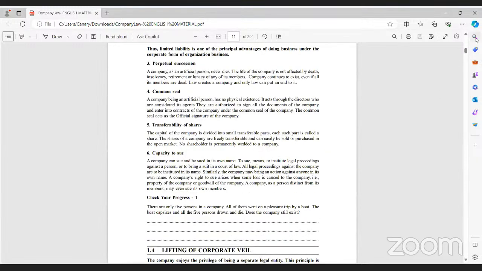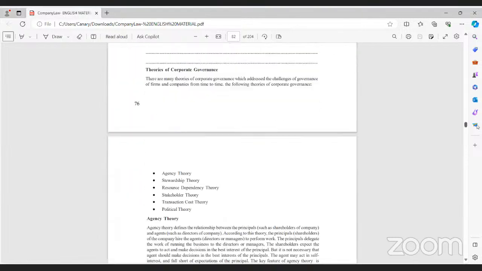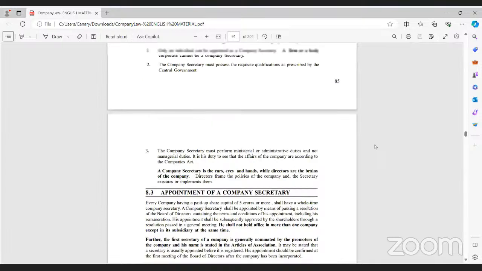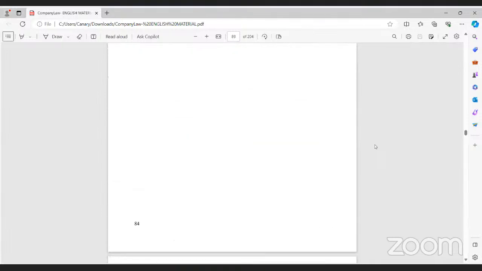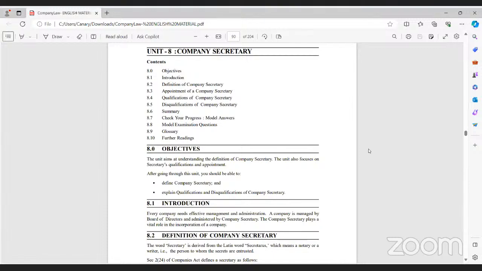Company secretary. In this topic we will learn who is a company secretary, what is the appointment of a company secretary, how a company secretary is appointed, and what are the qualifications and disqualifications.